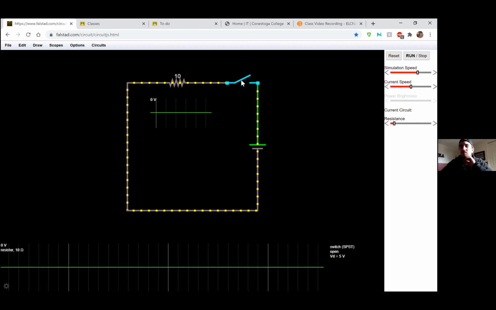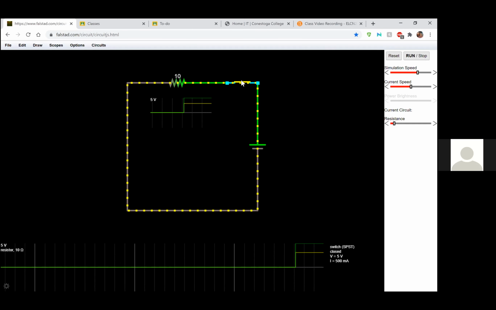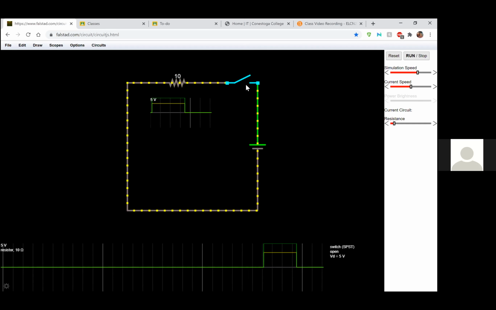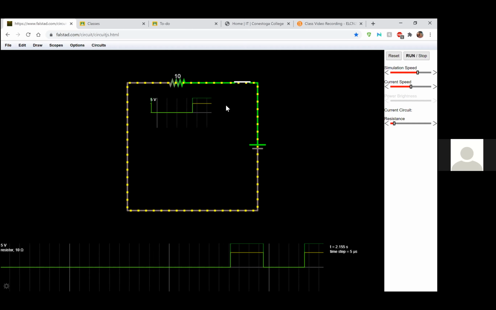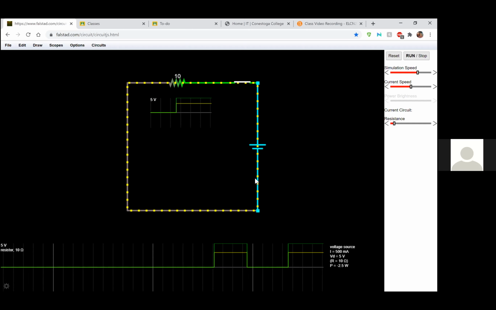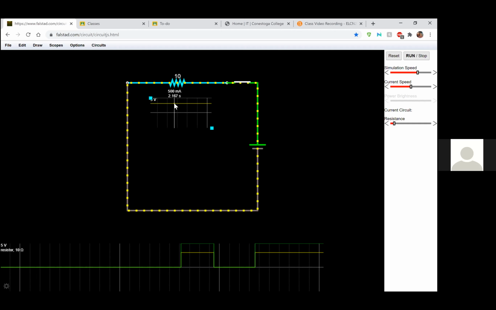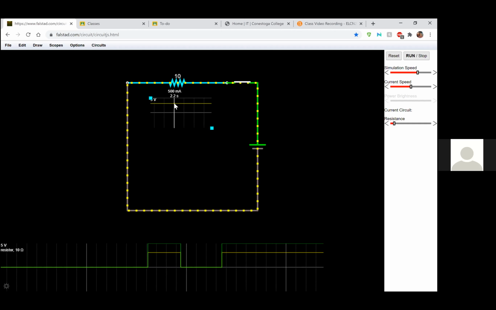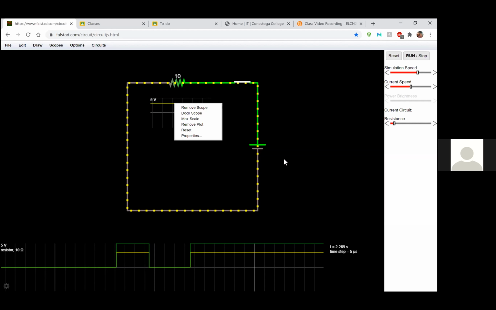In this instance, I'm going to close the switch pretty quickly. When I close the switch, you can see immediately the two things that you are going to see when we are using Falstad. You are going to be able to see how the current flows, and also the voltage level. That's one of the neat things that I like about Falstad, that it allows you to see how the current flows.